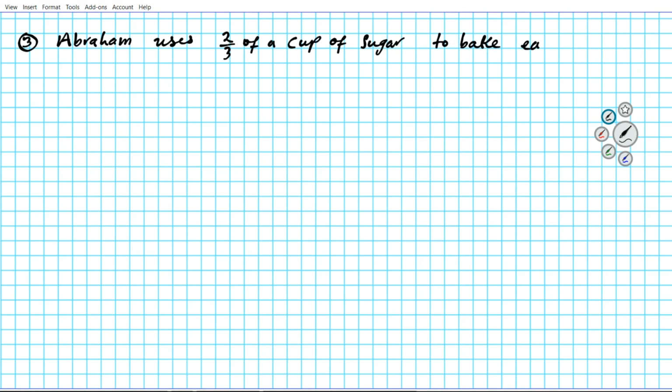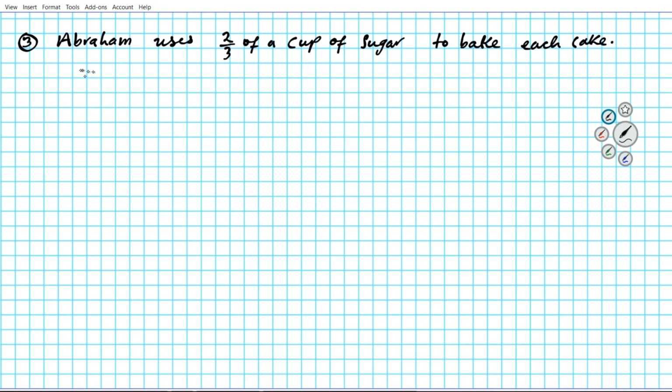Okay, question number 3 will be a word or story problem. So consider this. Abraham uses, let's say, 2/3 of a cup of sugar to bake each cake.